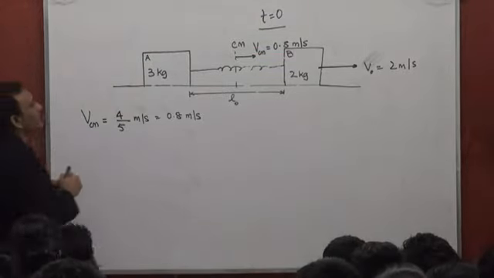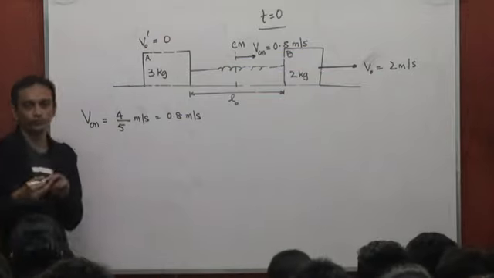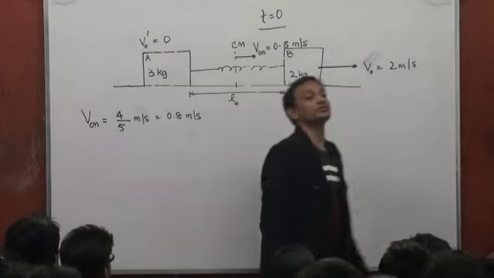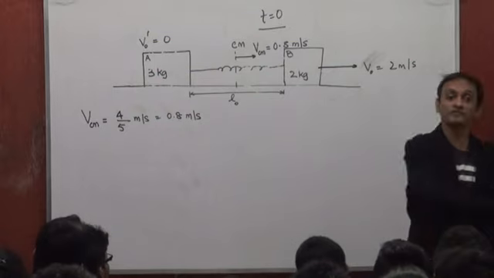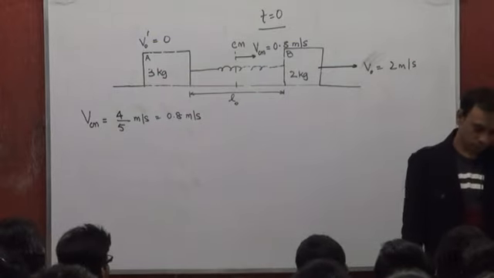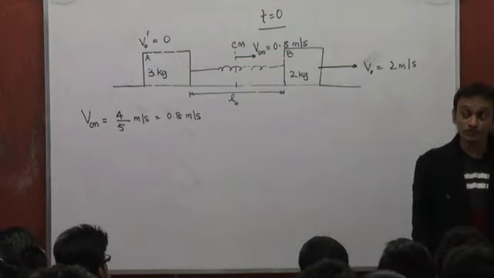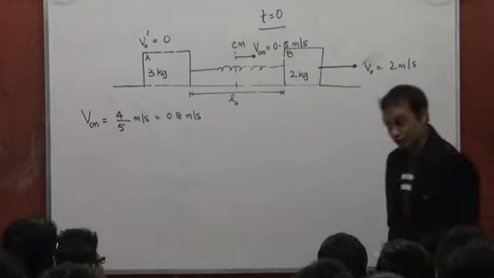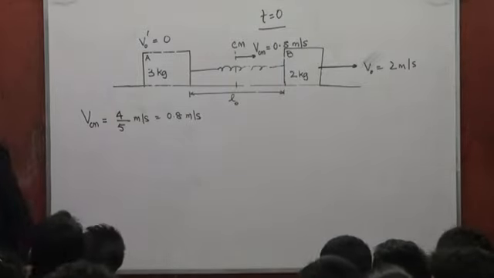And this has a velocity v naught prime equal to 0. What I do is reduce the system to the one that we've already analyzed. The earlier system had 0 velocity of the center of mass, but this does not. But if you are an observer sitting at the center of mass, then the velocity of the center of mass becomes 0.